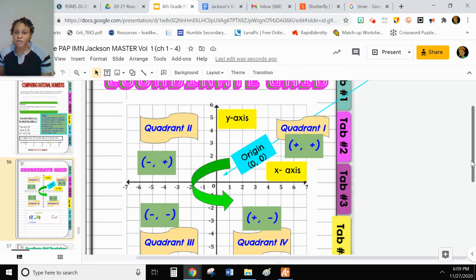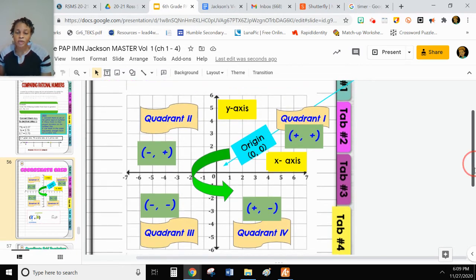So again, let's go over our quadrants really quickly. We have 4 of them. They move in a counterclockwise direction, as you can see me going this way. The horizontal line is our x-axis, the vertical line is our y-axis.